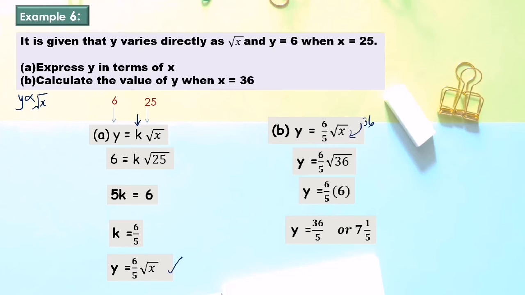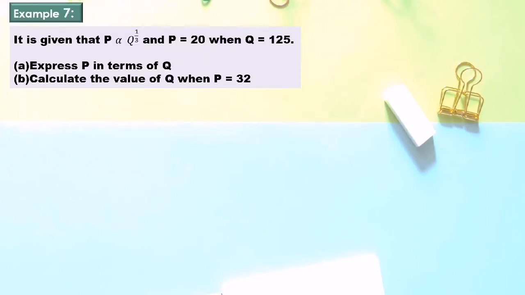Okay, now we are going to discuss the last example for this topic. It is given that P varies as Q to the power of 1 over 3 and P equals to 20 when Q equals to 125. A. Express P in terms of Q. So first, we write the equation.